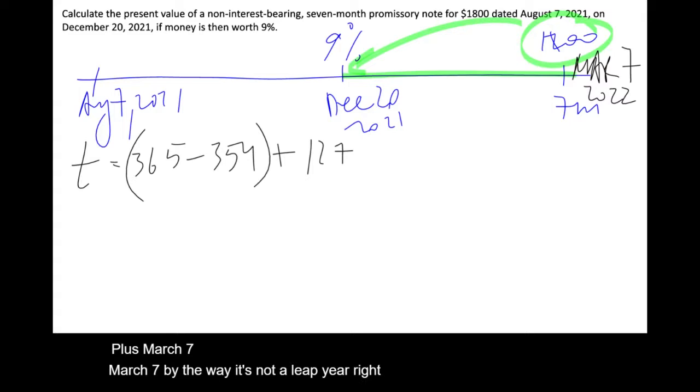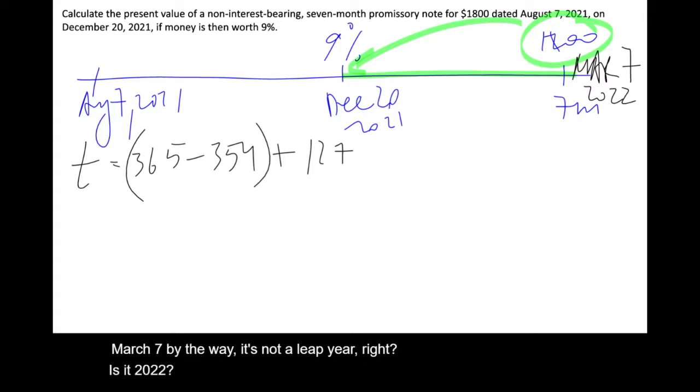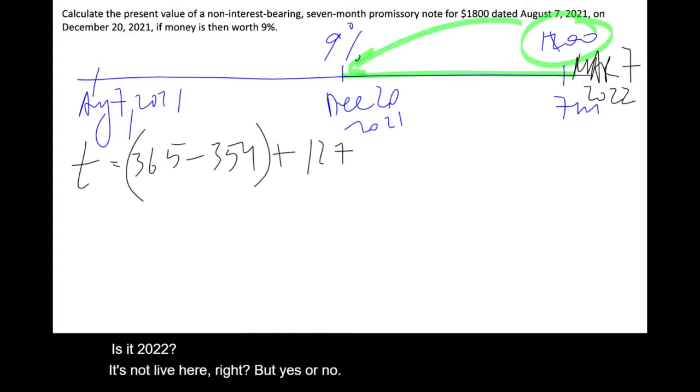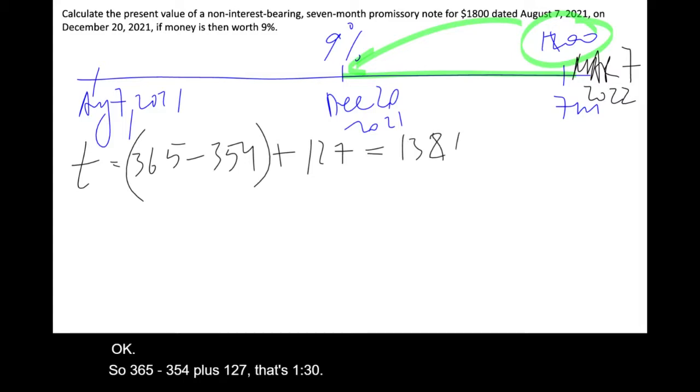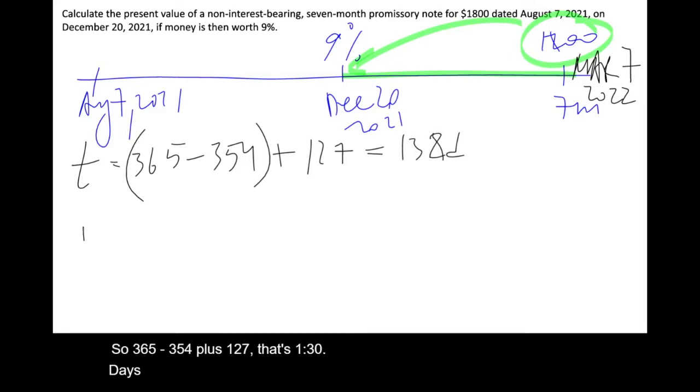Is it 2022? It's not a leap year, right? Guys, yes or no? No. Okay. So 365 minus 354 plus 127, that's 138 days.